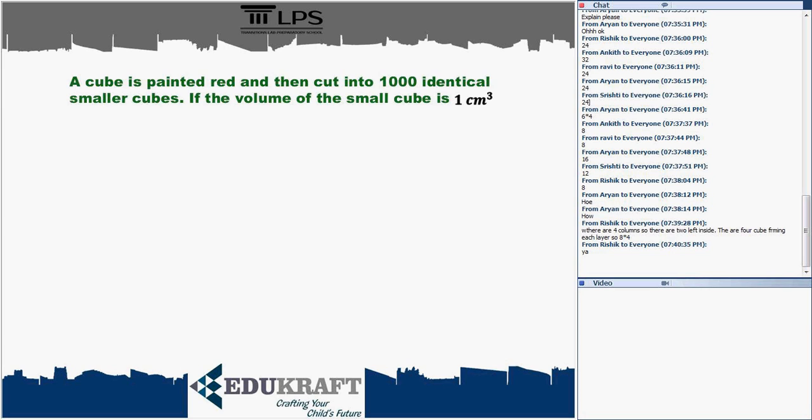If the volume of the small cube is 1 centimeter cube, find the length of the large cube.